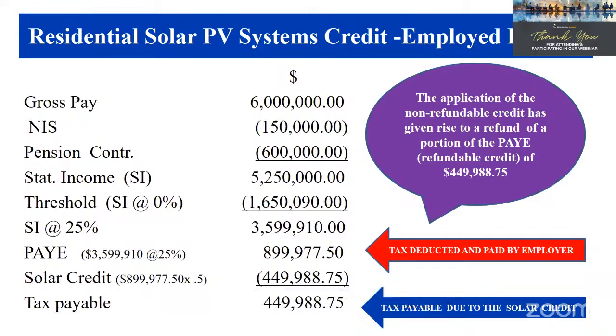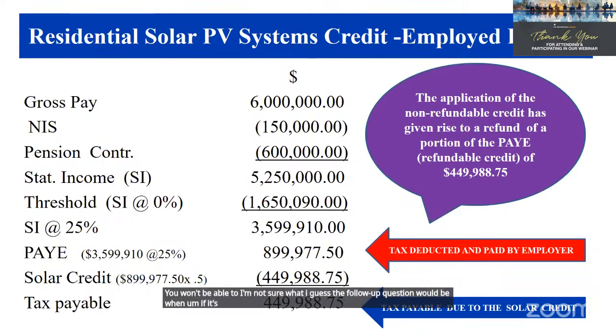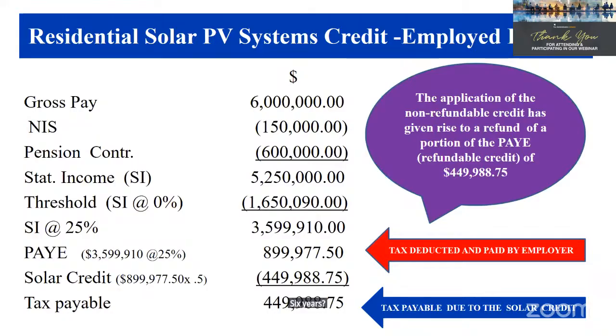Okay? Thank you. Have I answered the question? I think so. I get from the fact that if you didn't file a return and the time has expired, you won't be able to. I guess the follow-up question would be, if it's 6 years. Right.